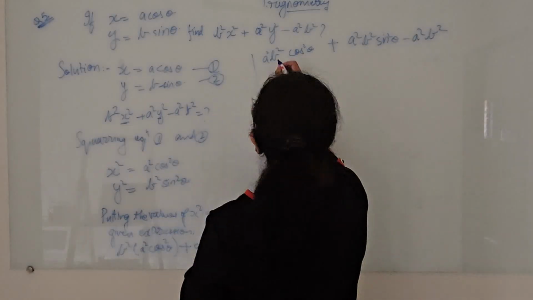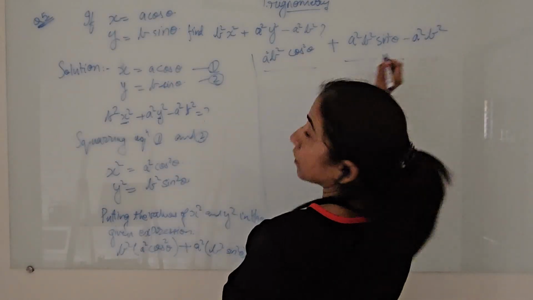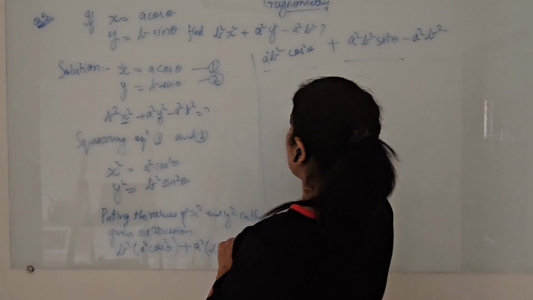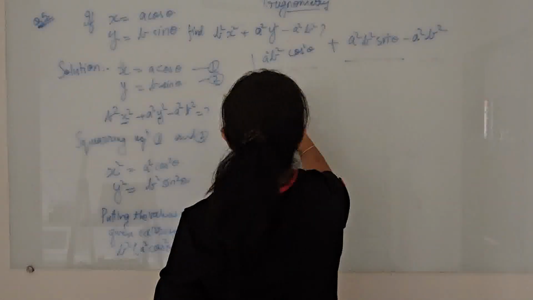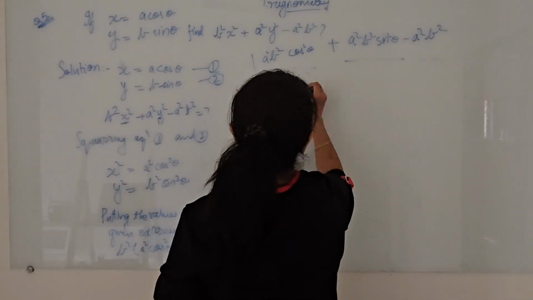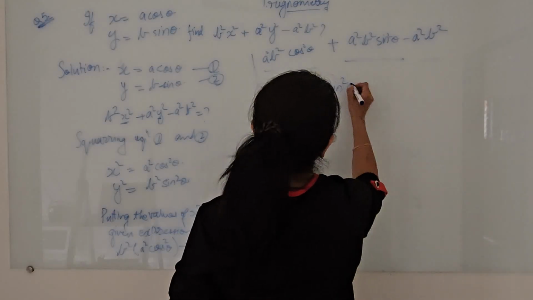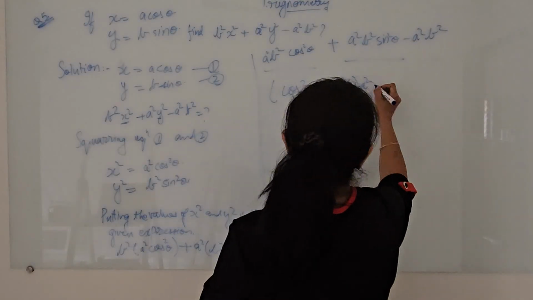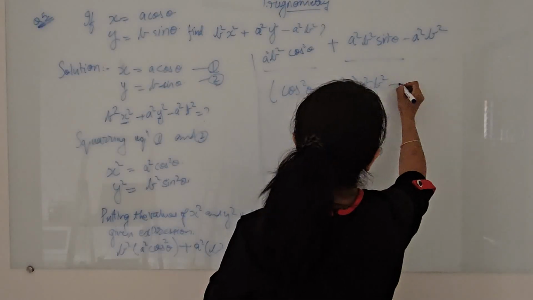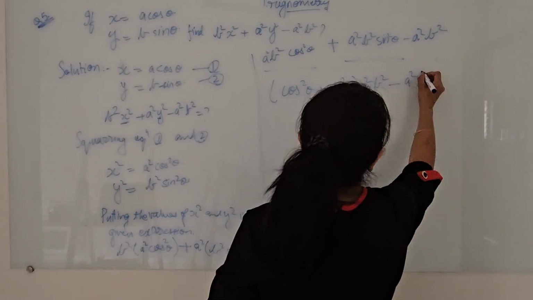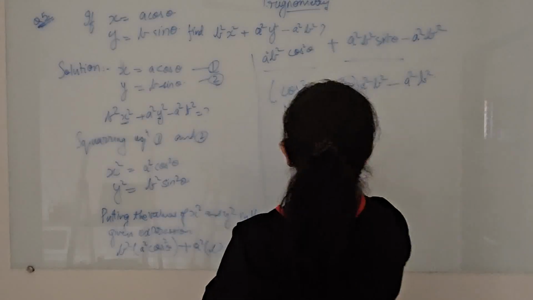Okay, now in these two terms, taking out a square b square as common, what I am left with is cos square theta plus sin square theta, and this minus a square b square as it is.